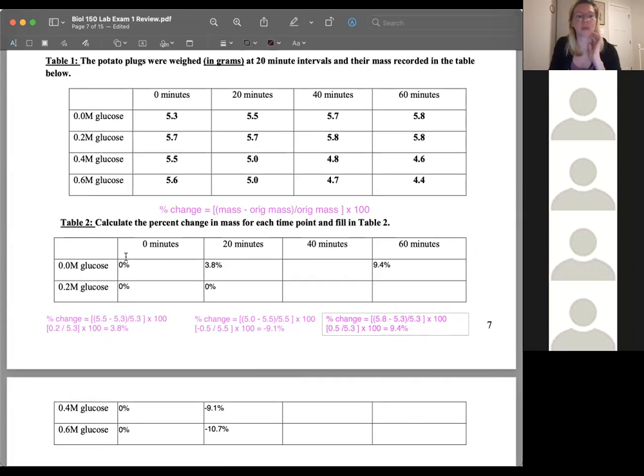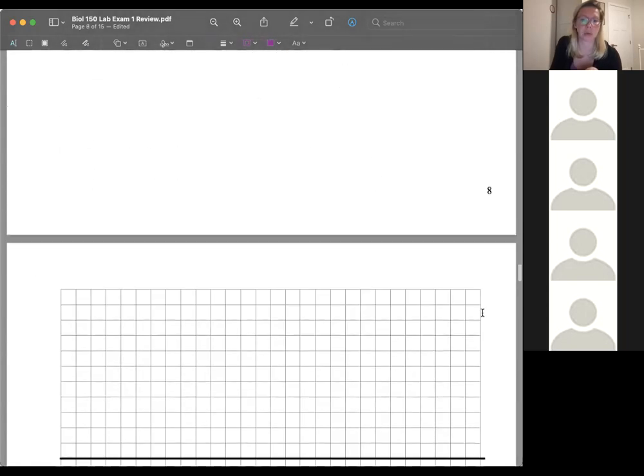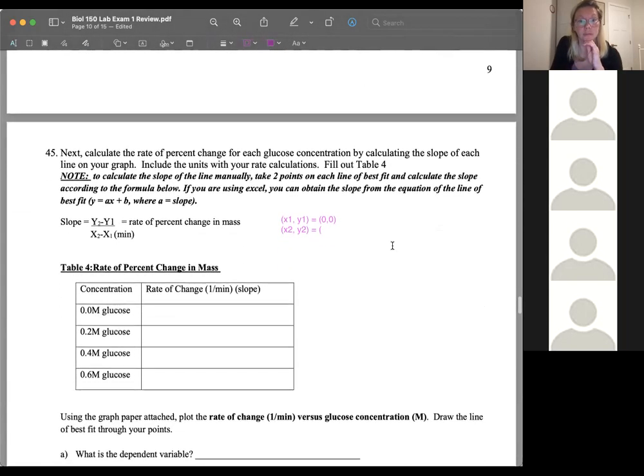All right, so let's use these two coordinates. Our x1, y1 is going to be 0, 0. Then our x2, y2 coordinate will be 60, 9.4. So we're just going to scroll back down here. Okay, and now we can place these values into this formula here.